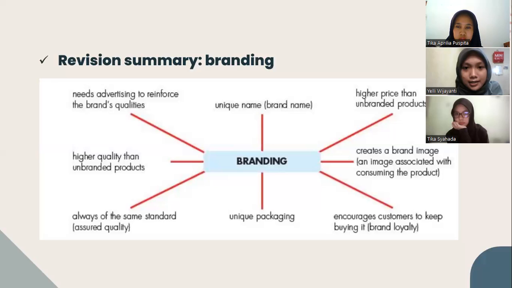Because we have a higher price than unbranded products, which is associated with consumers' loyalty and interest to buy our product. And then always of the same standard or assured quality. And the next one, higher quality than unbranded products. And the last one is the need for advertising to reinforce the brand's quality.